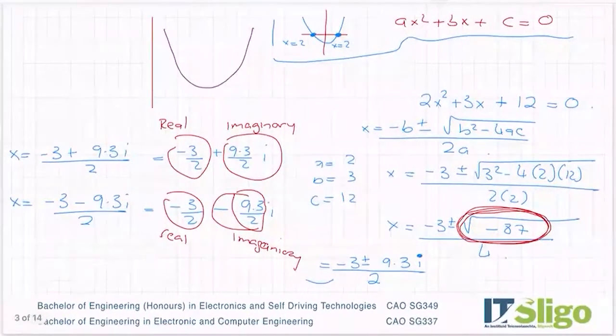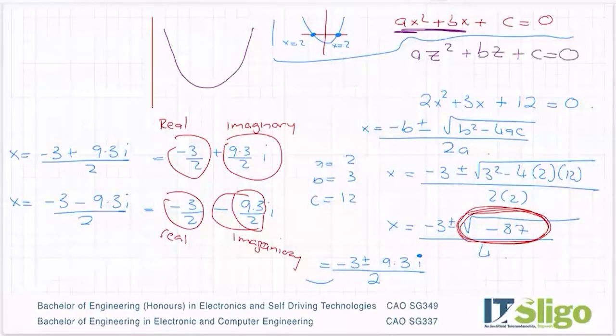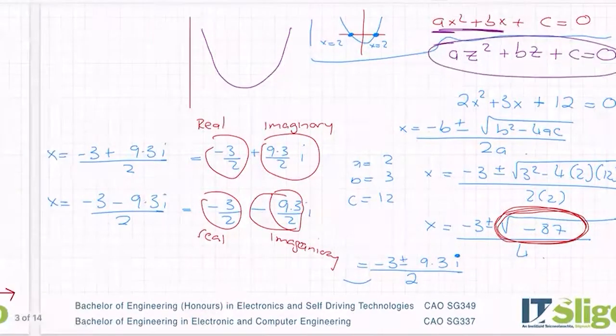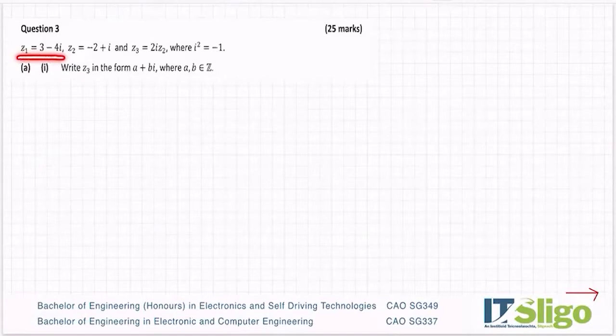Okay, now one other thing, how do you know that this is going to happen? Instead of the letter x, they tend to use the letter z for complex numbers. Okay, so let's go back to our complex numbers. The first one is z1 equals 3 minus 4i.